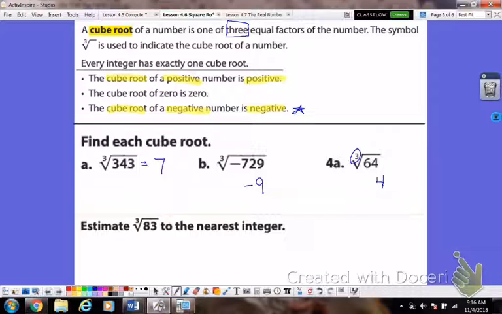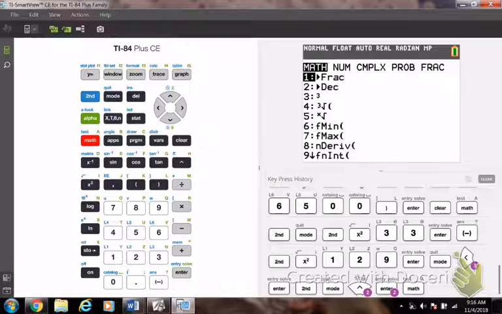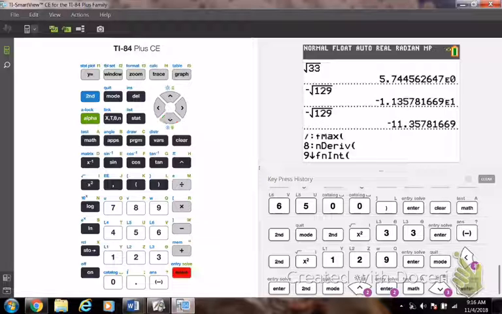So estimate the cube root of 83 to the nearest integer. Okay, so on your calculator, to do a square root, that was just right there on the calculator for you. To do a cube root, we have to go to math first. So this math button right here, click that, and then you'll see down here, 4th option down. So either scroll down or just hit 4, hit enter.